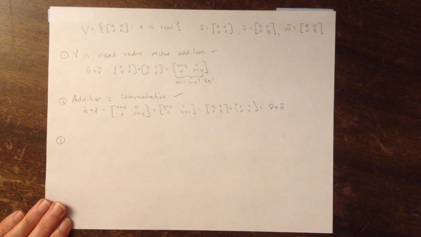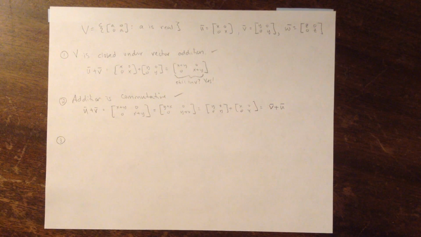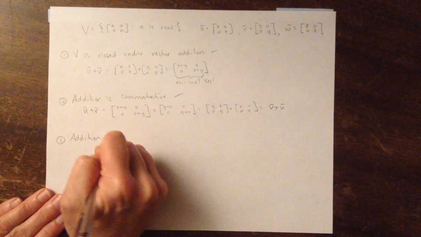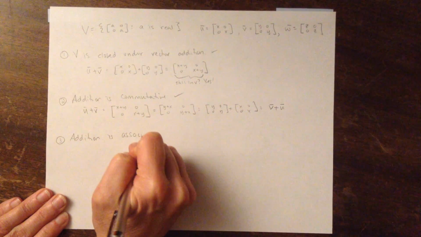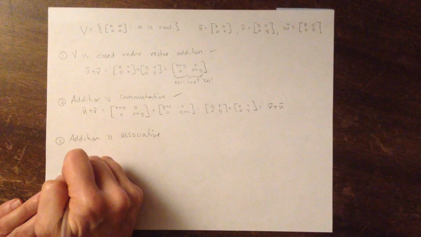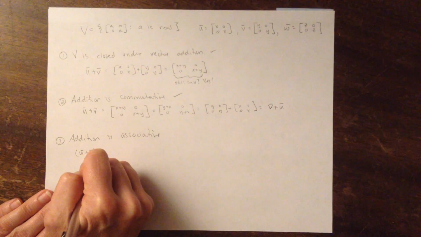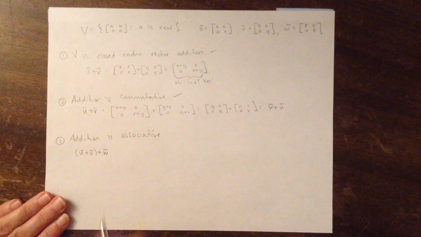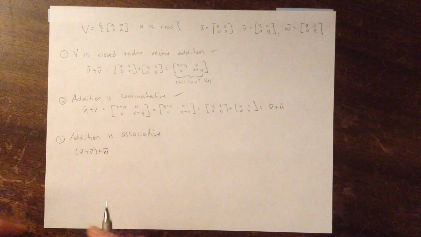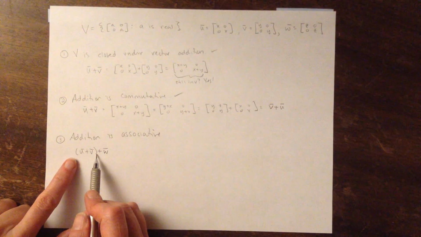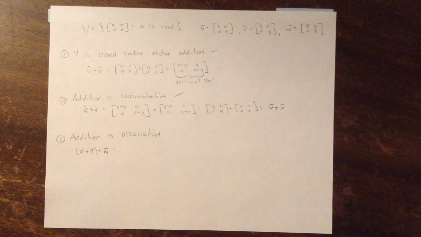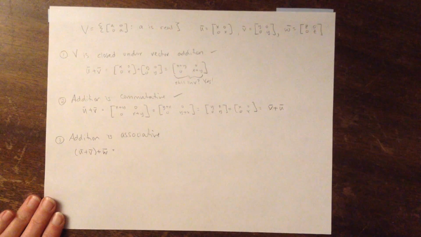Next is that addition is, I think associative is the word. I've never been good at remembering these words. Anyway, if you do U plus V and then you add another vector W, that would be the same thing as doing V plus W first and then adding U, so you can scooch these parentheses from here over to there. And so again, this is going to get inherited from properties of real numbers.